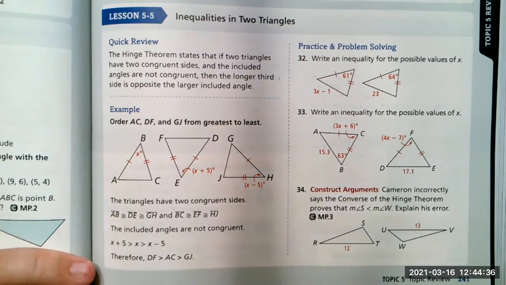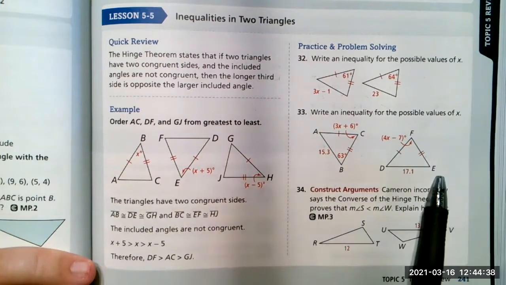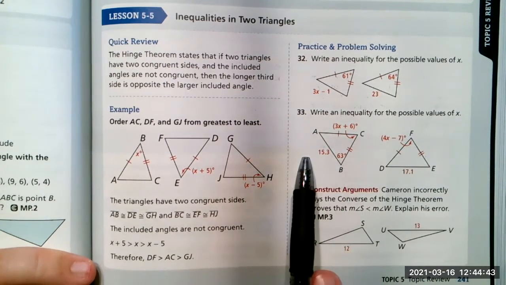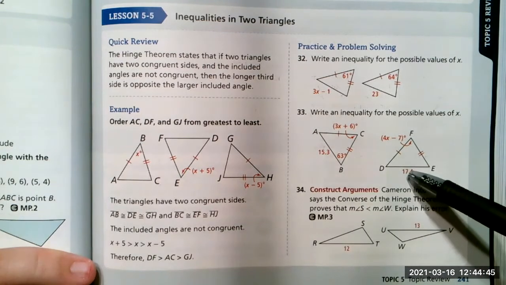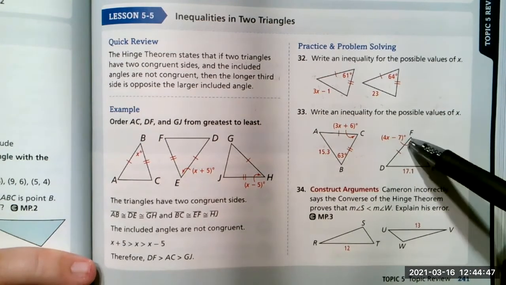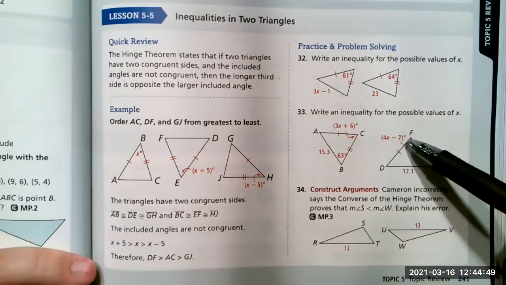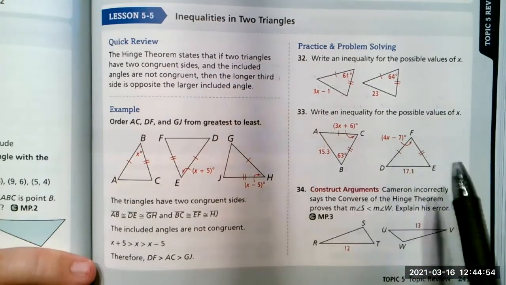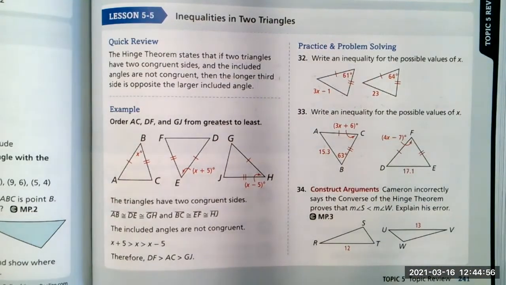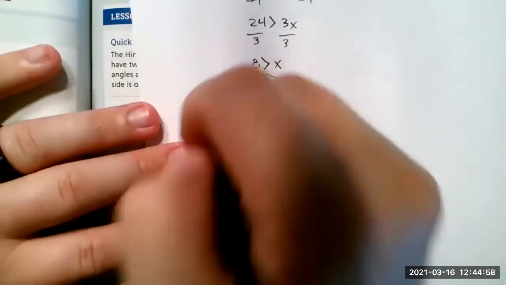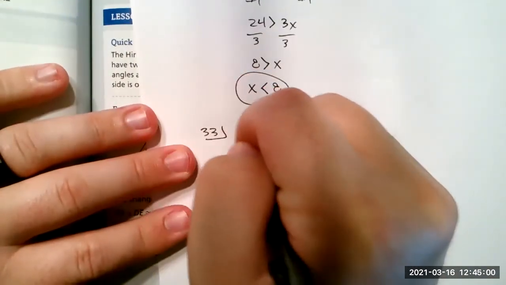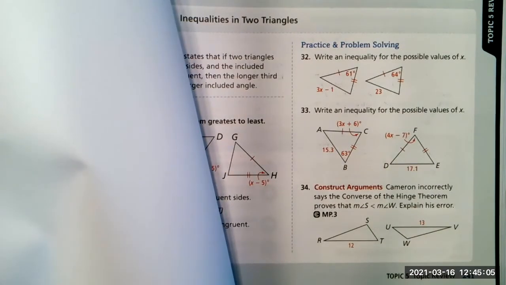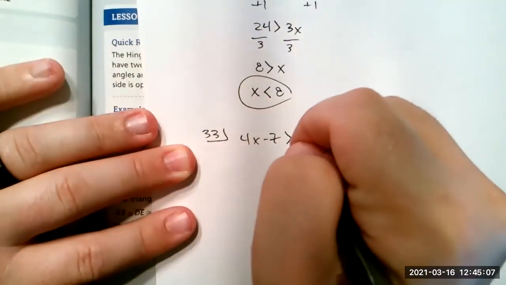So the important thing that you're getting out of this is when you're comparing these 2 side lengths, DE is longer than AB. So what that tells me is that the angle opposite the longer side has to be larger than the angle opposite the smaller side. So 4x minus 7 has to be larger than 3x plus 6.